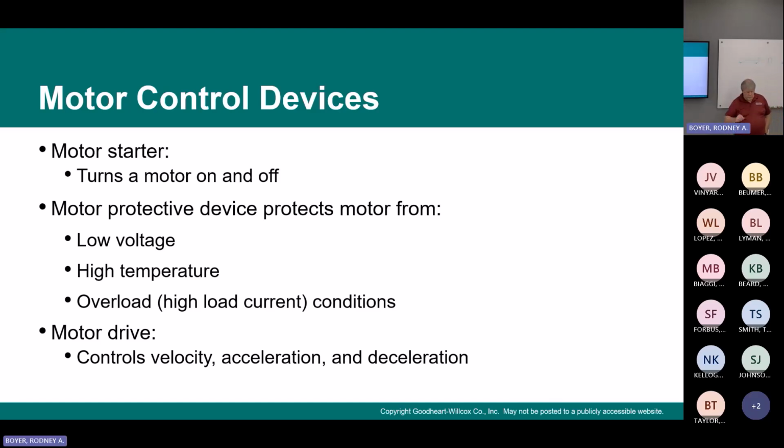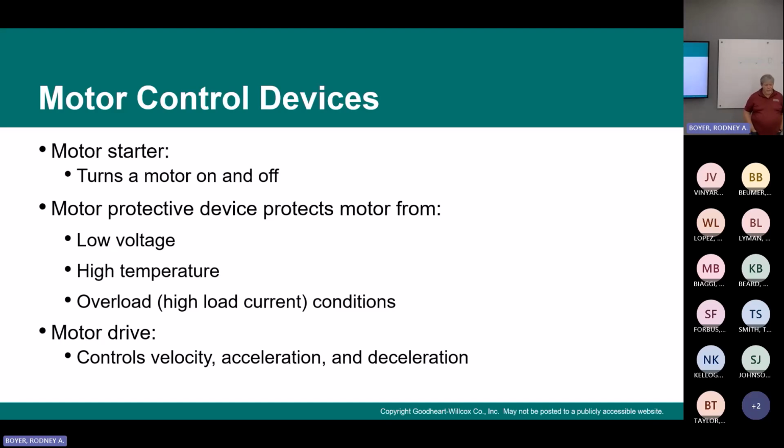There are two ways to control the speed of an electric motor. One is the number of magnetic poles in the motor. Those are physically wound into the motor. You cannot change it.